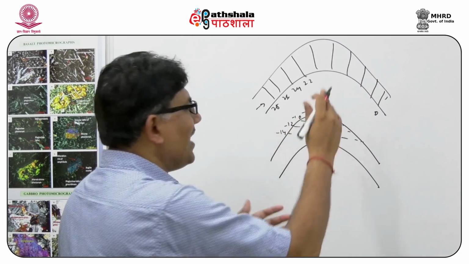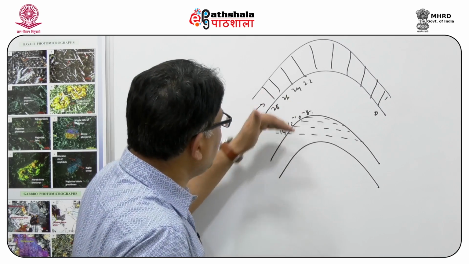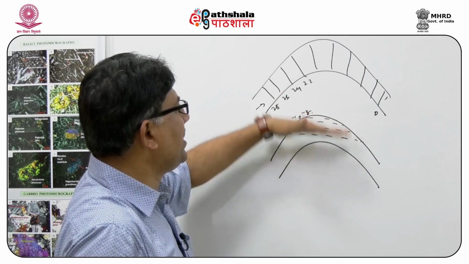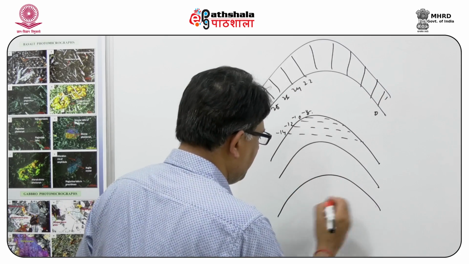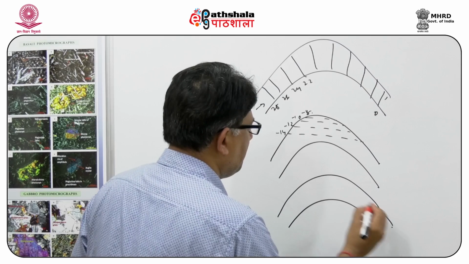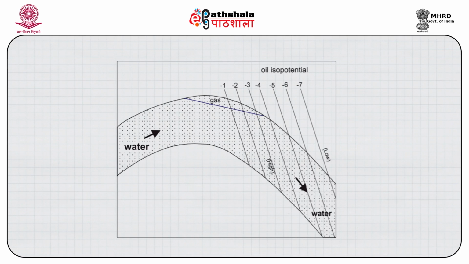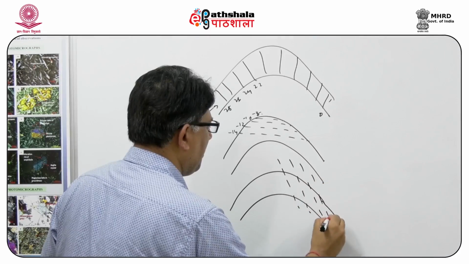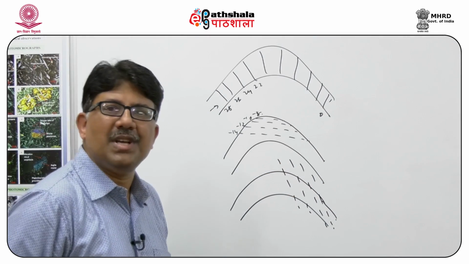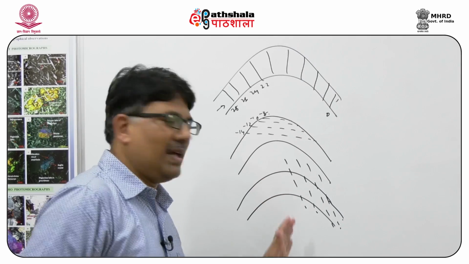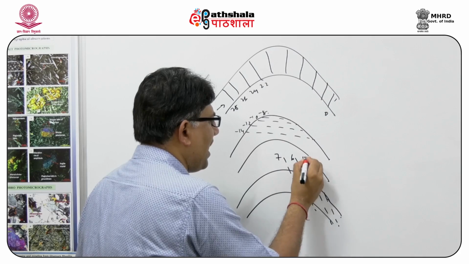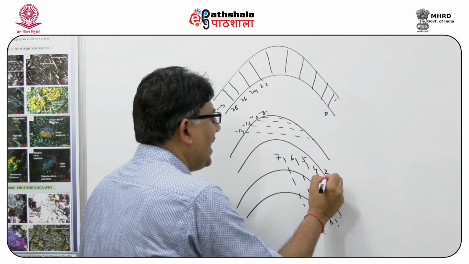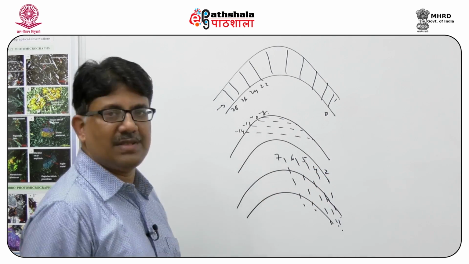So these are the isopotential surfaces that will be telling you what direction the gas will move. Coming on to the oil, the isopotential surfaces will be like this. Suppose 7, then 6, then 5, 4, 2, like this, the isopotential surfaces of the oil.